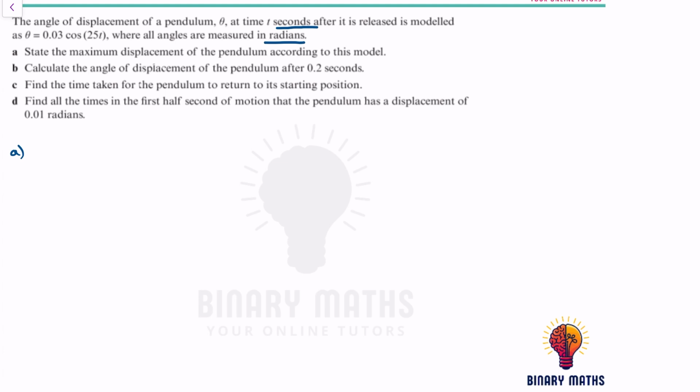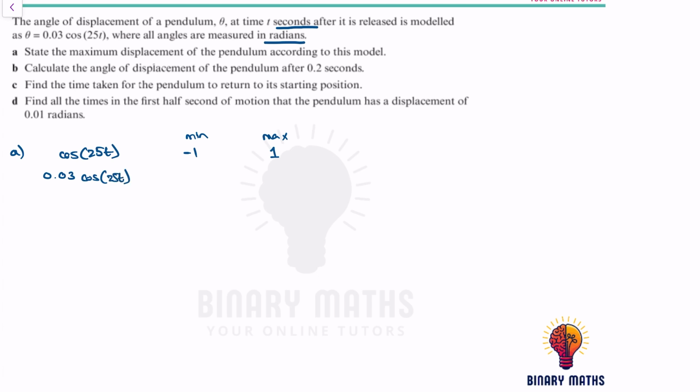So I know, first of all, if I have cos of 25t, cos of 25t is just a stretch in the horizontal direction, so the minimum is -1, maximum is +1. If I times it by 0.03, that's outside the bracket, which means the y is affected.